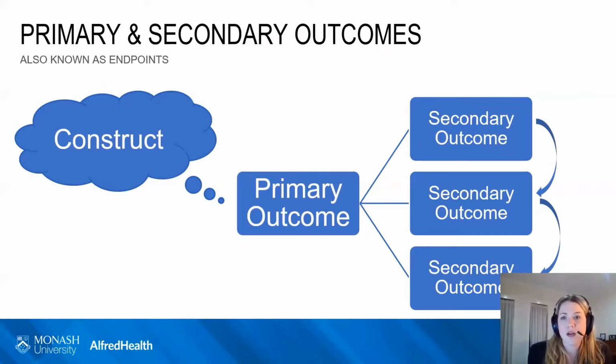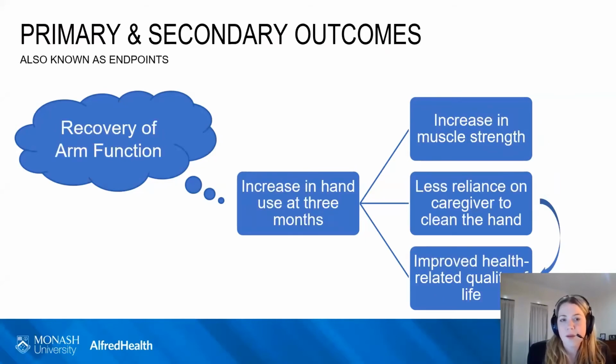As an example, I'm going to run back through the INTENSE intervention and by testing whether our INTENSE intervention led to recovery of arm function after stroke, we had selected our primary outcome measure of the box and block test, and we were testing that at 3 months. But the secondary outcomes were still related to this primary outcome. There is good data to show that strength may be a precursor to hand function, and so we measured grip strength.